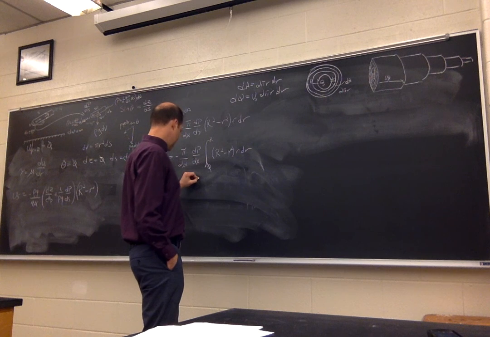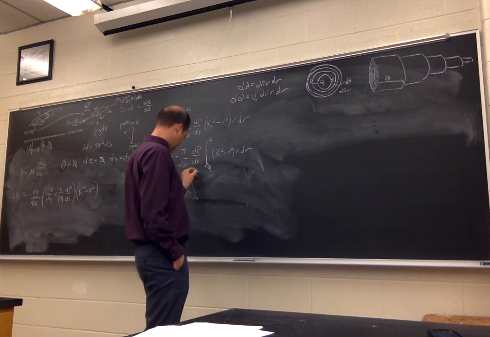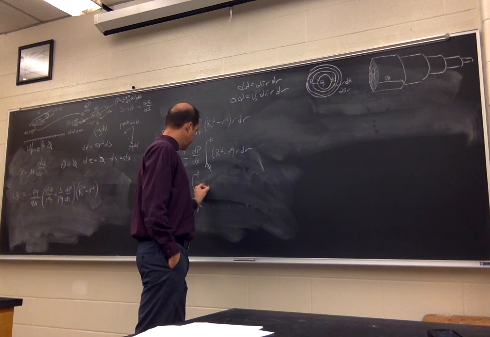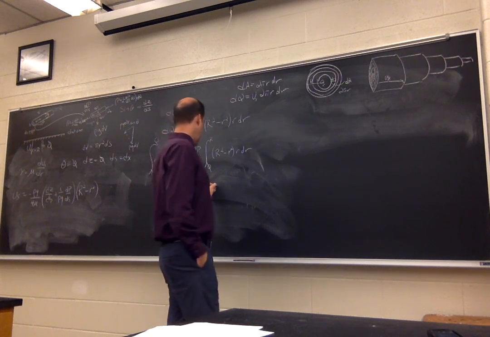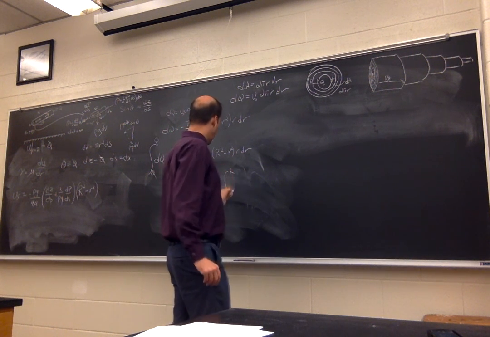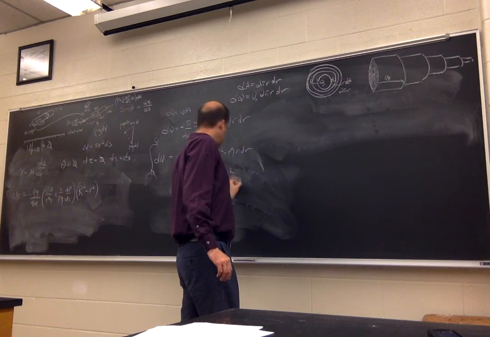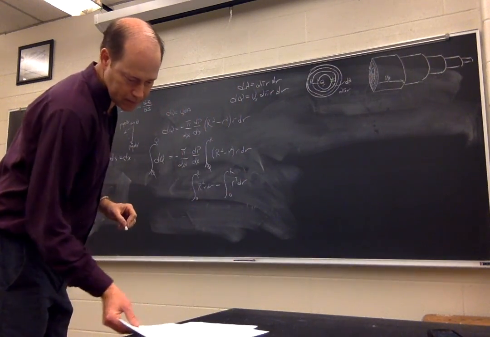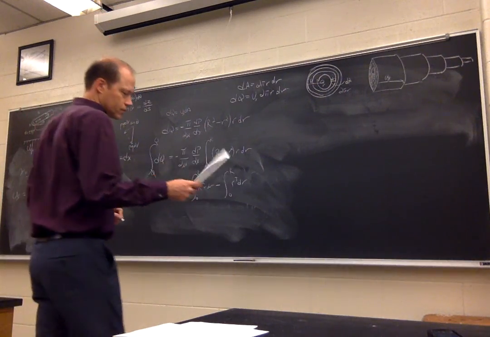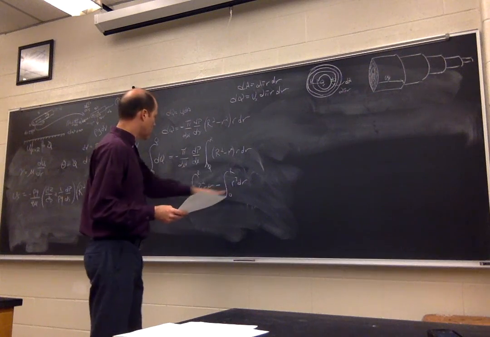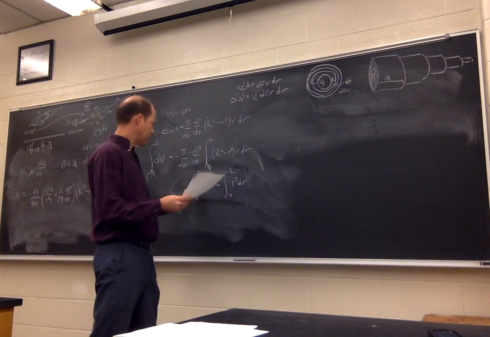But here I have an integration from 0 to big R of capital R squared r dr. And then that is minus integrating from 0 to big R of r cubed dr. So I can integrate those up.